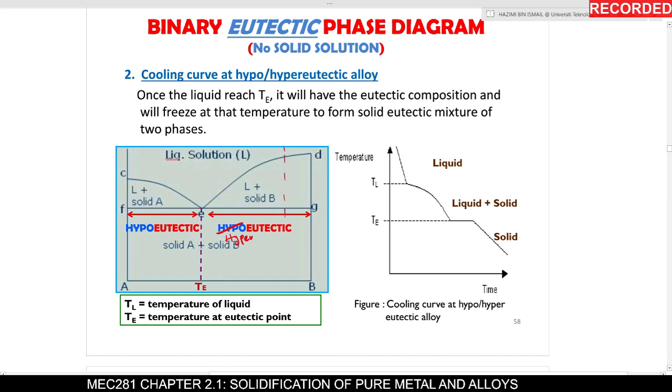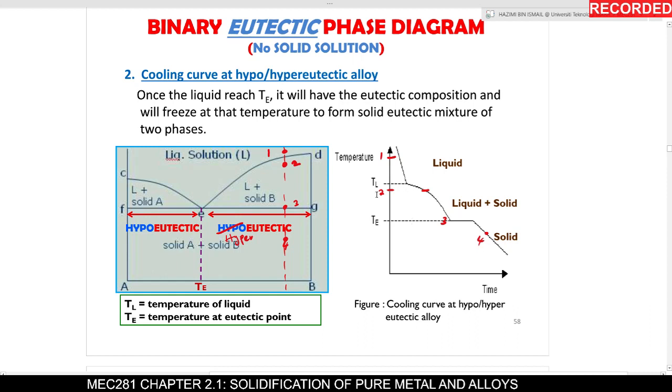Let's say in the hyper region, from here, this is point 2, this one 3 is the TE line, the temperature line here, and then 4 is anywhere around this region.